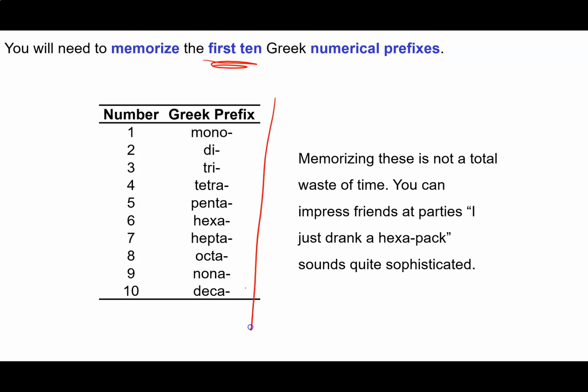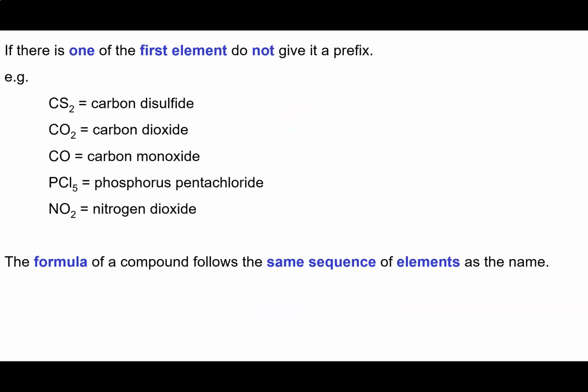Now, don't confuse these with your Latin. It's mono, not uni, it's di, not bi, and it's tetra, not quad, and so forth. Just be aware that there is a difference there. Okay, so once you've got those, then it's pretty simple.